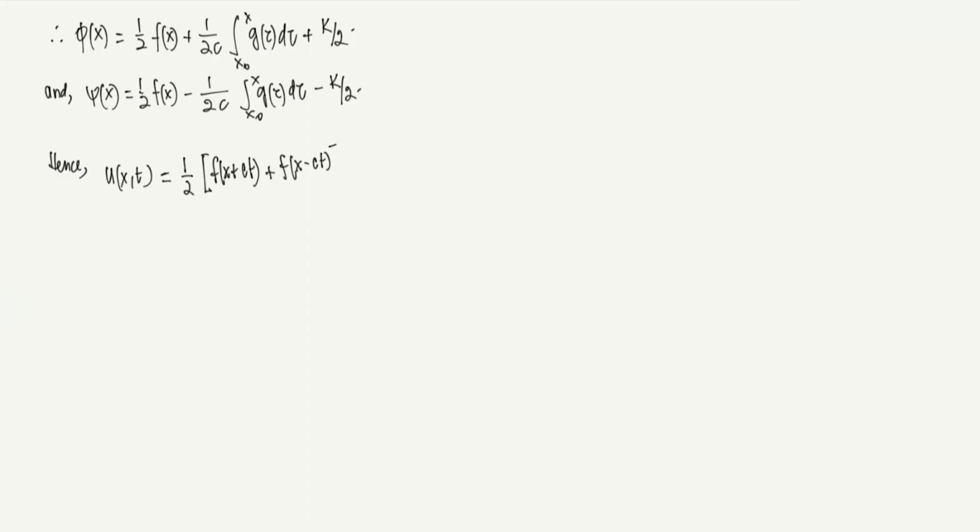You have seen similar things in the last part, in separation of variables. Plus 1 by 2c, integral from x naught to x plus ct of g of tau d tau, minus the integral from x naught to x naught minus ct of g of tau. Is this okay? So this is what you are going to get.